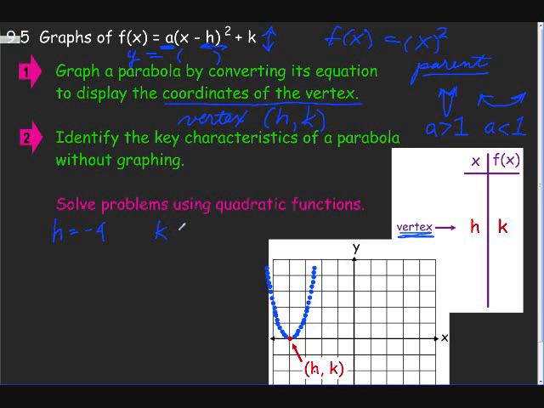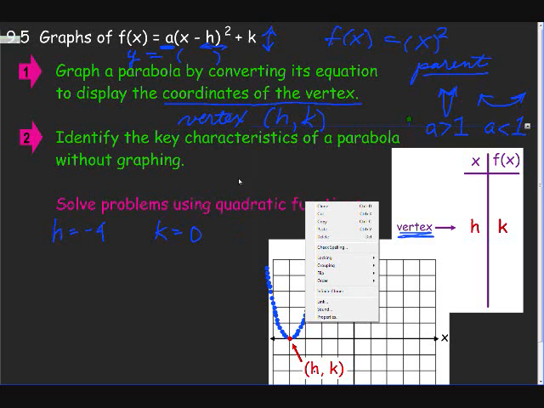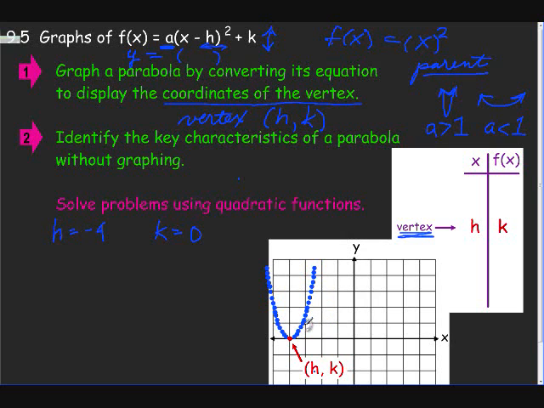What is my k? K equals 0. It hasn't shifted up or down. What is my a? Well, to know that, I'd say if I go over 1 and up 1, where am I? It's a little hard to tell, actually.